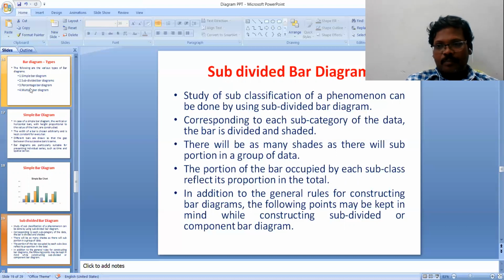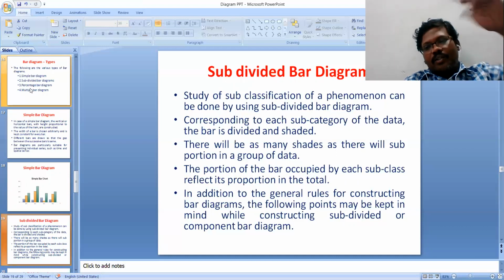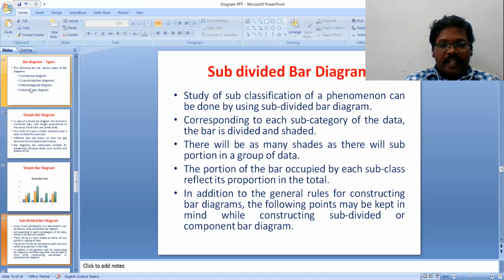As I already told you, suppose the agriculture growth rate for a particular year is 4%, and in the first quarter it is 2%. So the 2% is part of the total. The subclass is the portion of the total, it is part and parcel of the total one, the subset of the total thing.